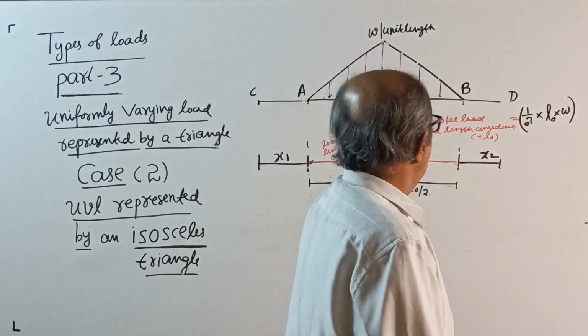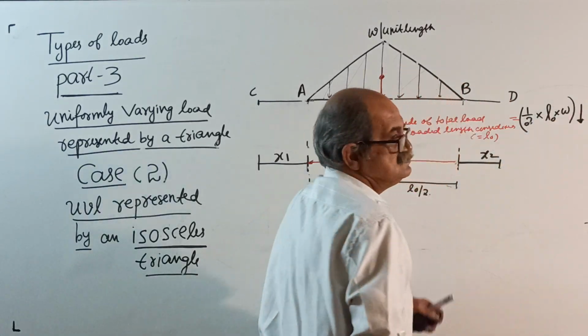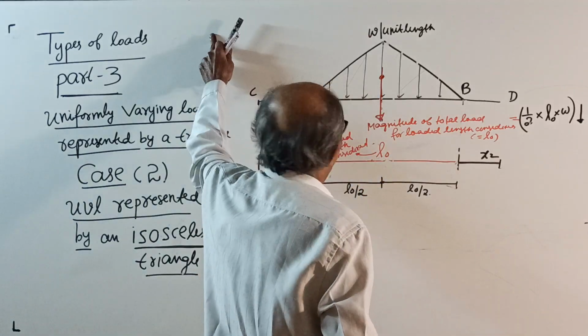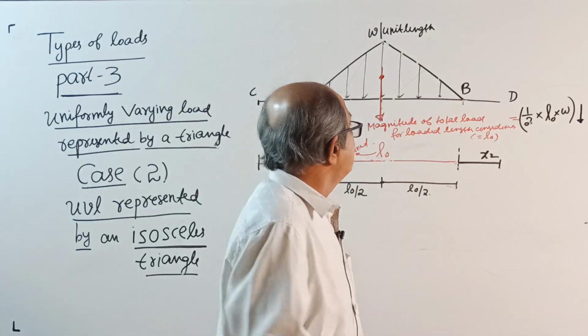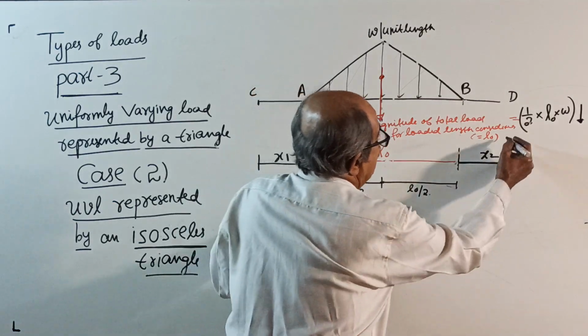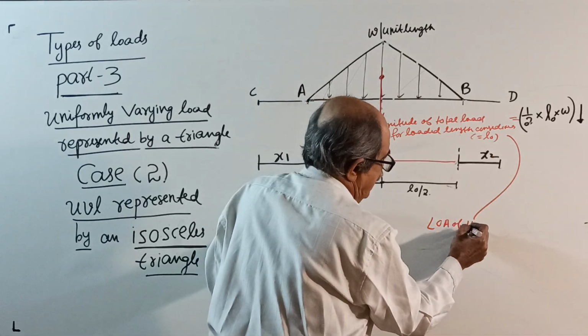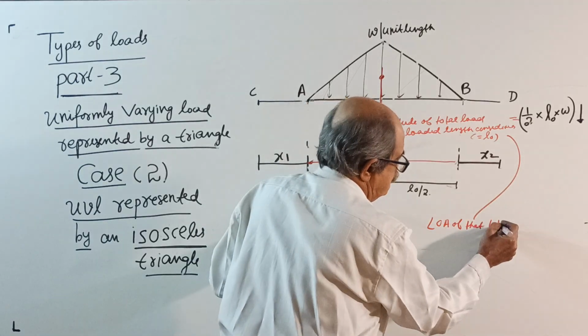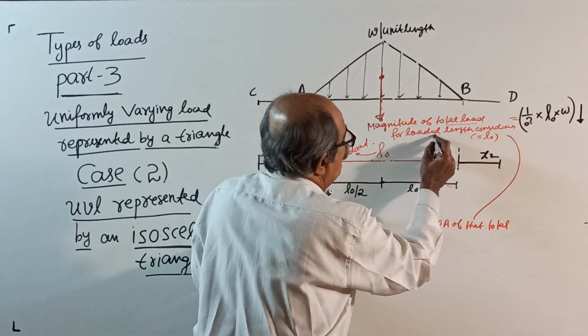So this is over, magnitude. Direction: down. So magnitude, I told, first one, magnitude over, direction over. Next, right here: line of action of that total load. That total load means the same thing, the total load for the loaded length considered.